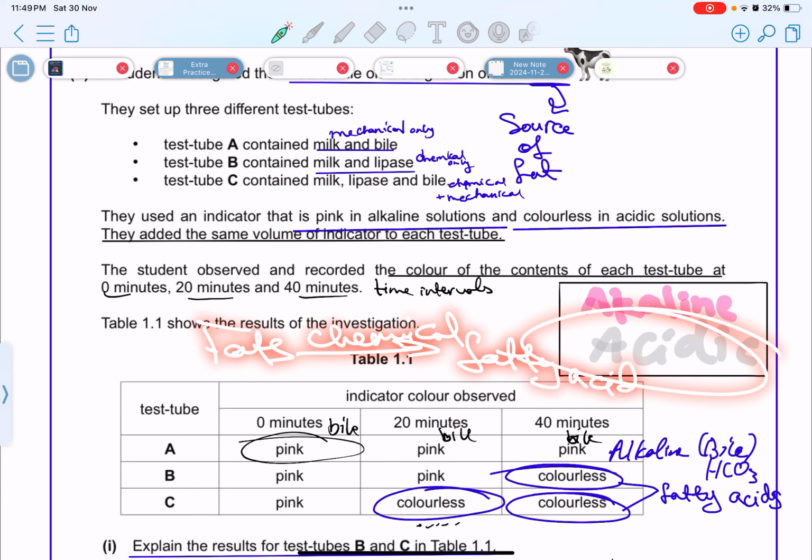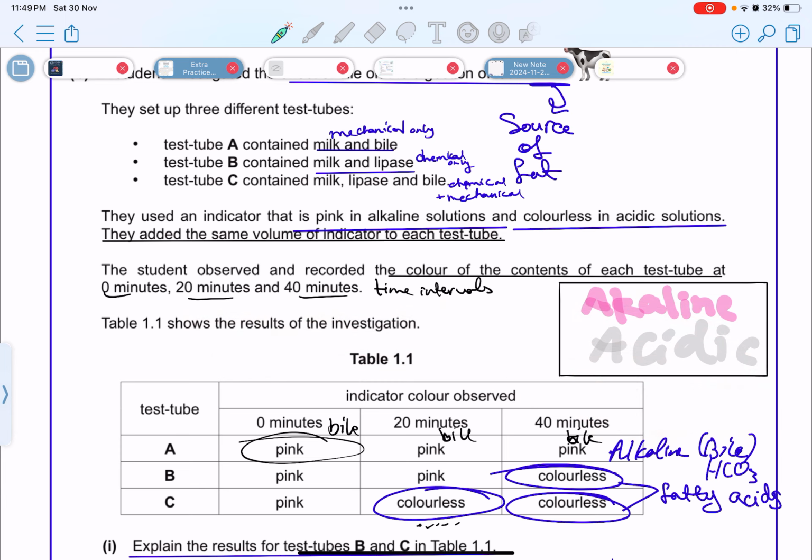And from their name, acids, so obviously they're acidic and they're going to lower the pH. And why does milk and bile have the alkaline pH? Because bile contains sodium hydrogen carbonate, or I can say hydrogen carbonate ions, that are alkaline.